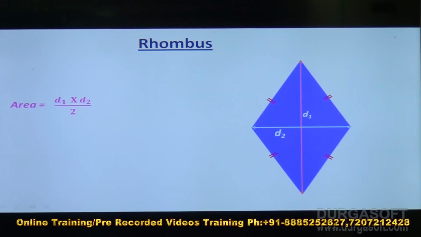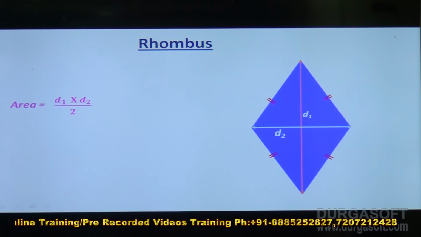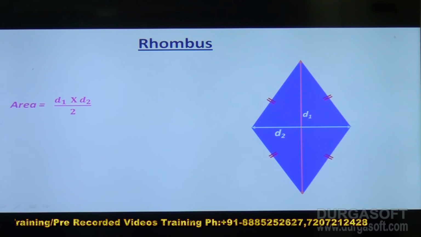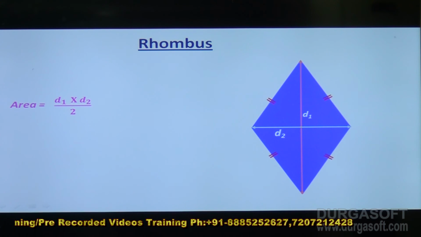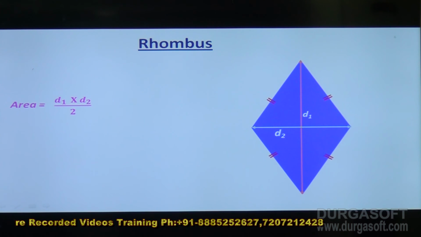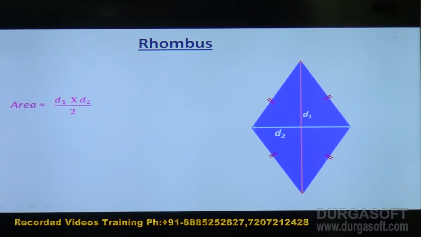When you are going for the rhombus figure, you can just imagine the actual shape of a kite. Rhombus, in other words, we can consider as a kite. So here in a rhombus, all the sides are equal, right?